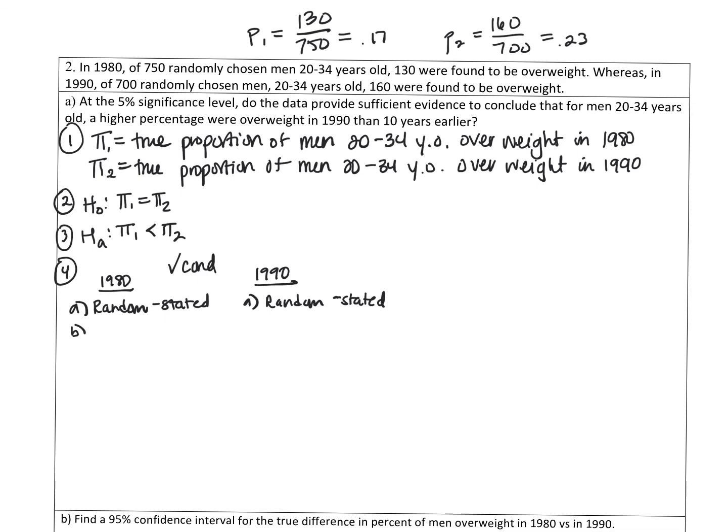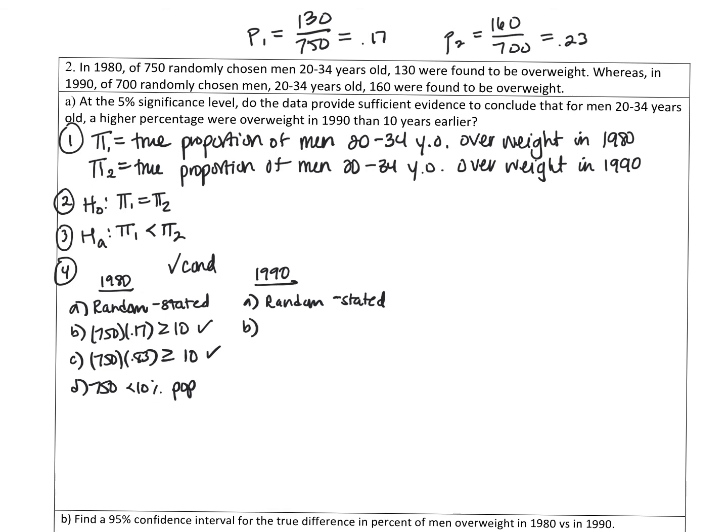Part B, 750 times 0.17, that's equal to 130, and that is greater than or equal to 10. We know that because of our proportion above. Part C, 750 times 0.83, we can just do the simple subtraction in our head. We know it's going to be greater than or equal to 10 also. And D, 750 is less than 10% of the population.